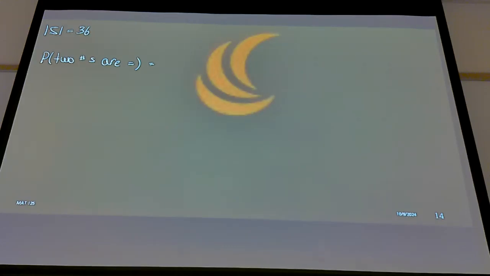You roll 1, 1, 2, 2, 3, 3, 4, 4, 5, 5, 6, 6. So that probability is a 1 in 6 chance. The next probability? Sum is 10 or more.